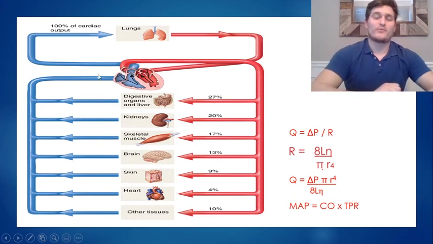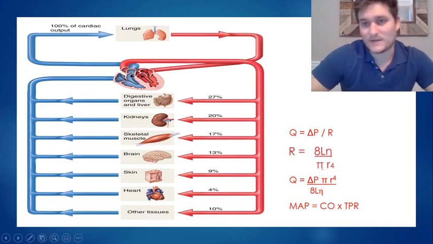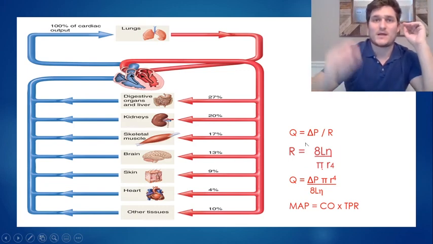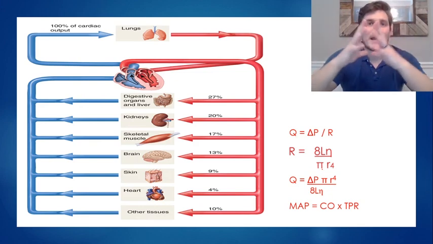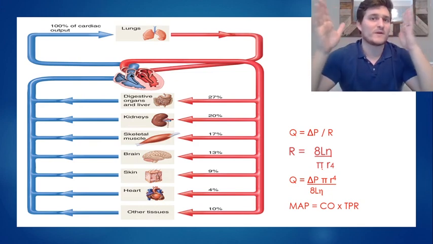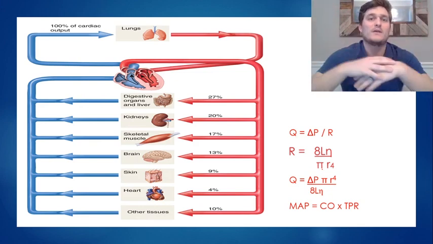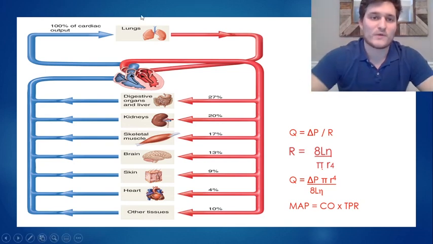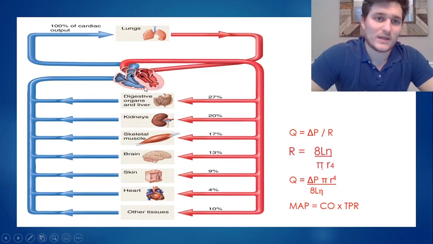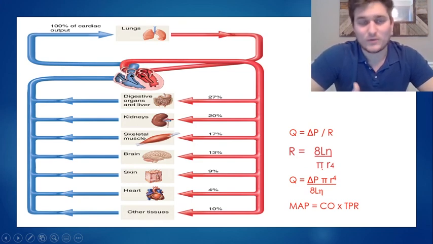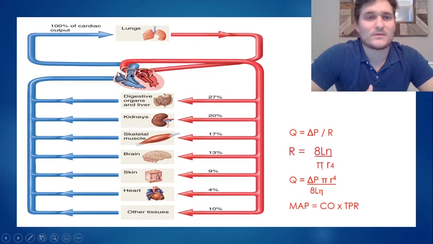Delta P is basically the initial pressure minus the ending pressure. And the bigger the difference of those two pressures, the greater the blood flow. For example, our blood flow across the circulation is going to have the highest pressure in the left ventricle and the lowest pressure, near zero or zero pressure, at the right atrium.